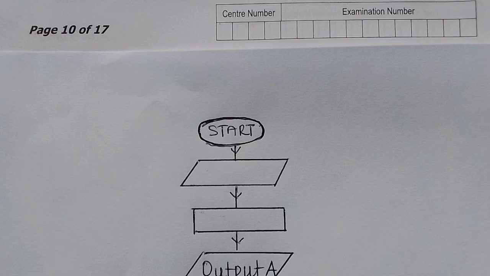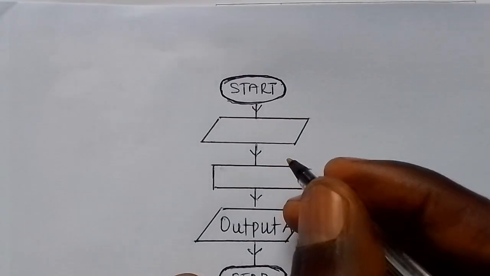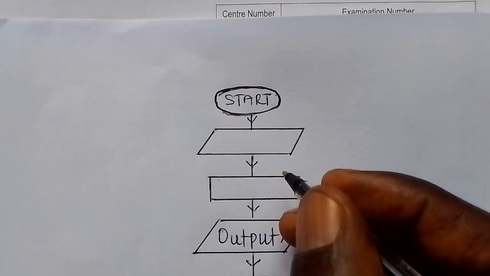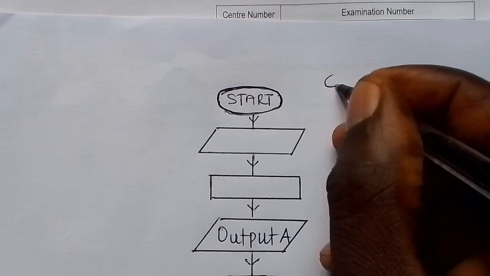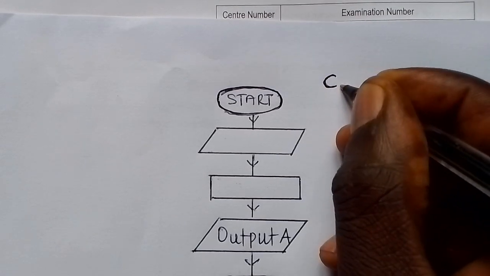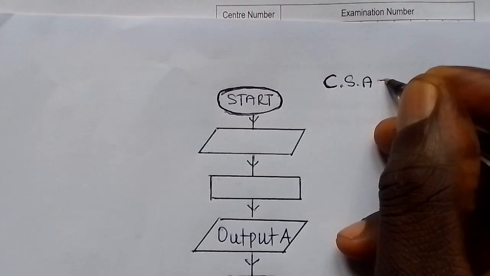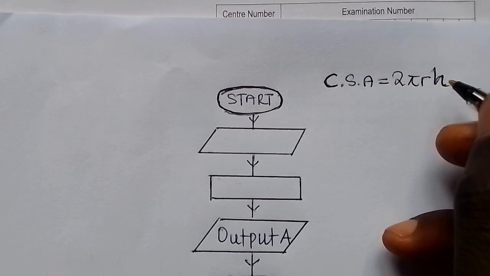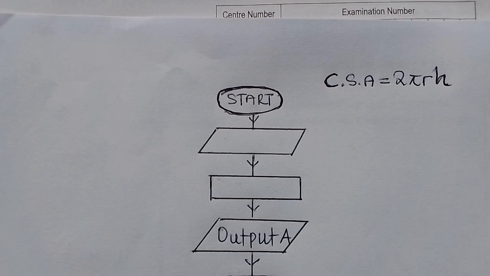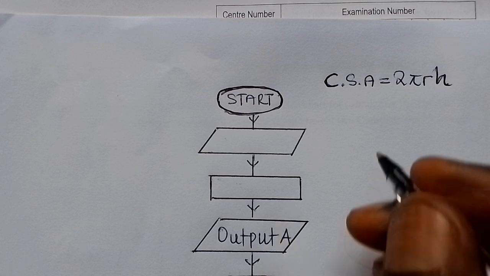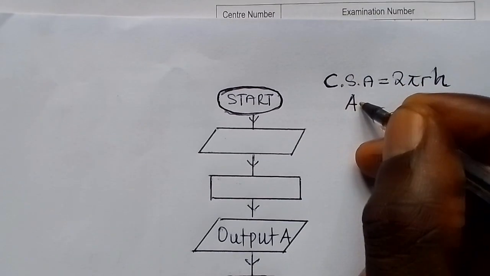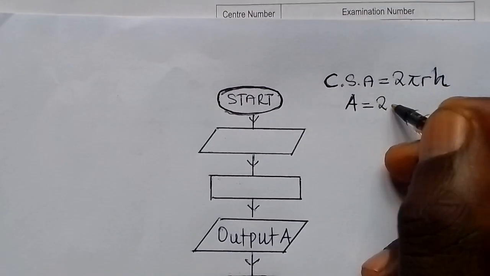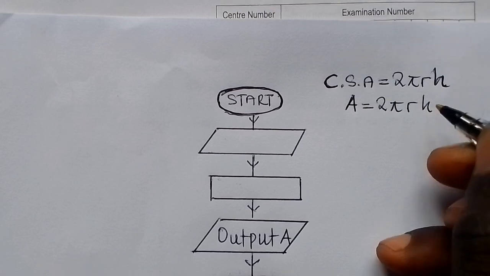Curved surface area of a cylinder is just given by the formula CSA is equal to 2 pi R H. That is the formula for calculating curved surface area. But in this case, they've said we are using the denotation A to denote curved surface area. So in place of all this, we're saying A is equal to 2 pi R H.